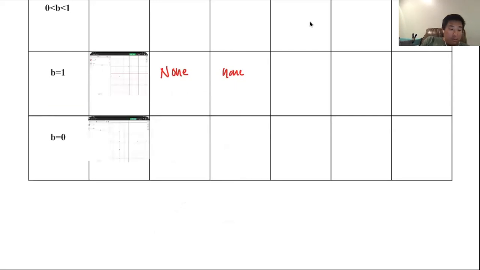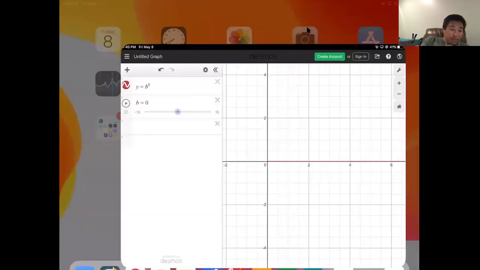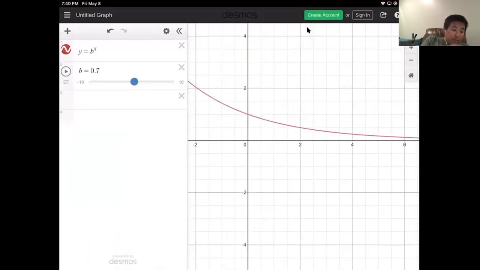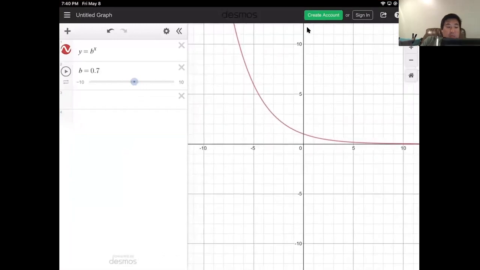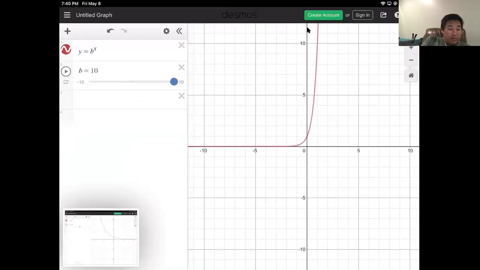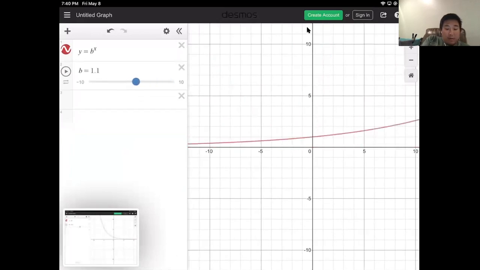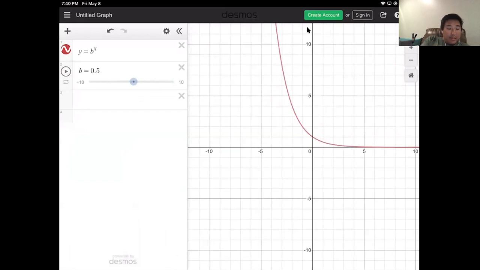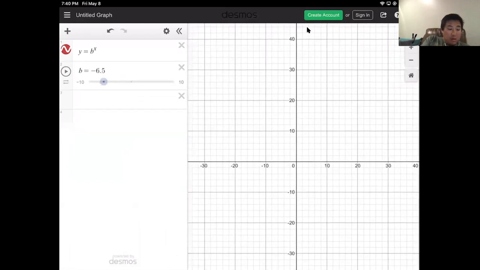Now I'm going to do b as a decimal, a decimal between 0 and 1. It's going to just look like that. And when it's less than 1, no graph.